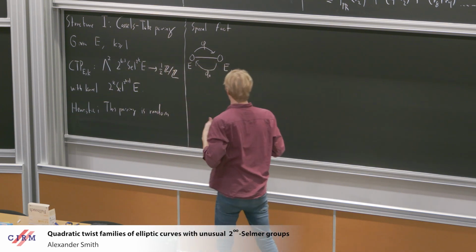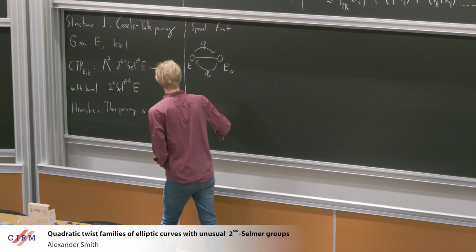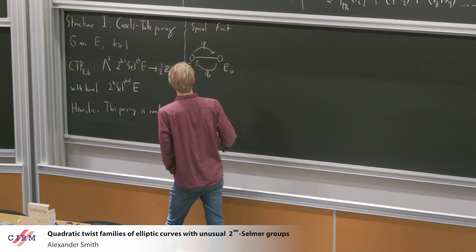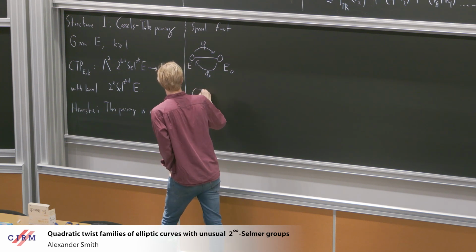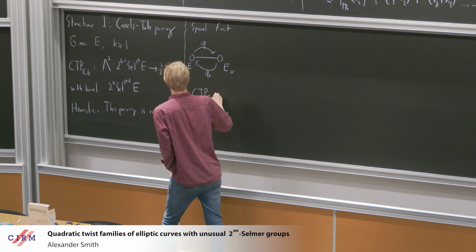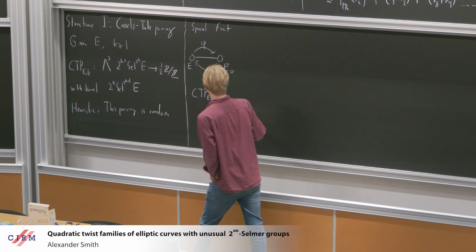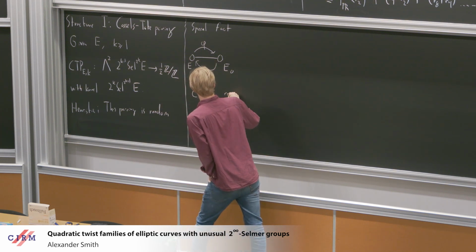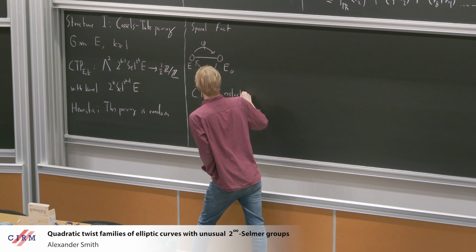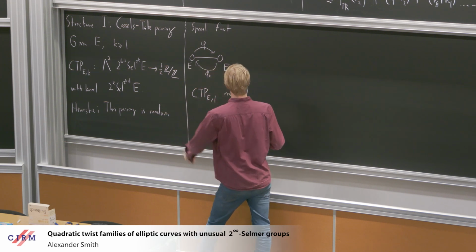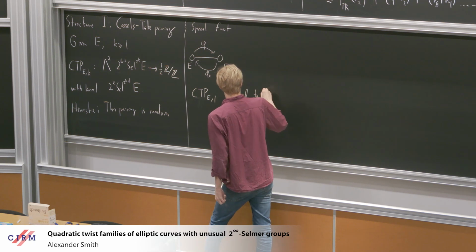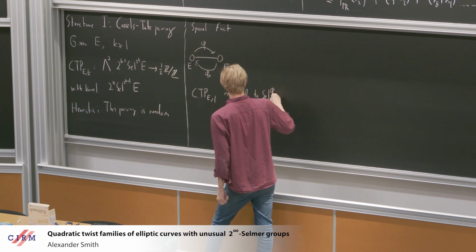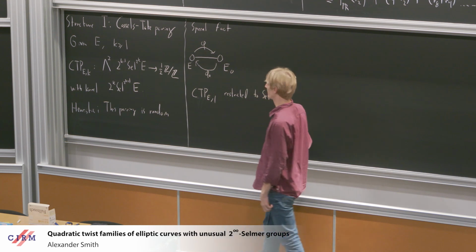Okay, and we can consider what happens when we look at the restriction of the Cassels-Tate pairing, let's say at level 1. And instead of looking at the full 2-Selmer group, let's look at a smaller piece of it. Let's look at it restricted to the phi-Selmer group.